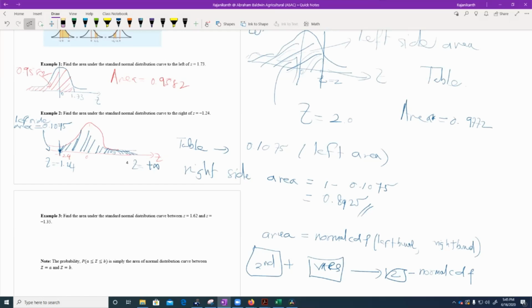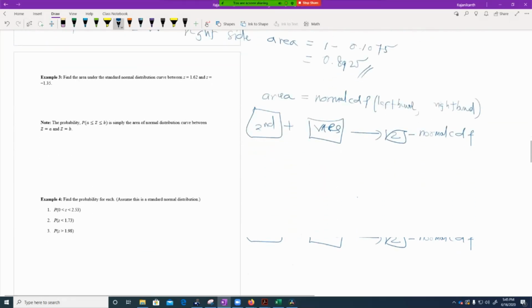Therefore, the two bounds for this area are negative 1.24 and infinity. How do you type infinity in your calculator? If you want positive infinity, type positive E99. And if you want negative infinity, type negative E99. So E99 is the code we use for infinity in your calculator.